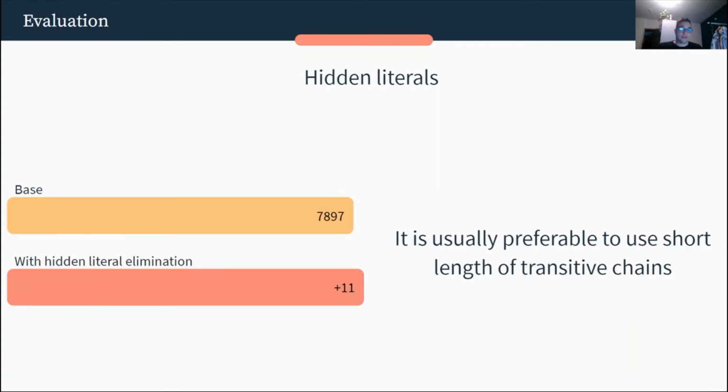So hidden literals gave a modest improvement of only 11 problems, and we evaluated a lot of properties of hidden literals in our paper, and we actually found out what was already assumed, and this is that it is usually preferable to use short length of transitive chains.